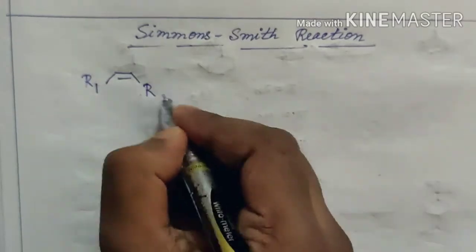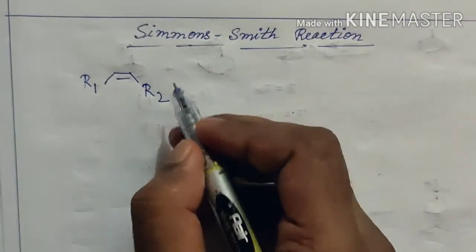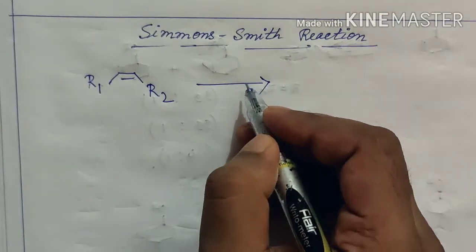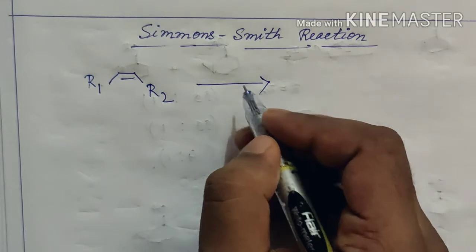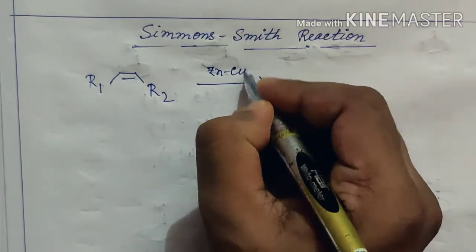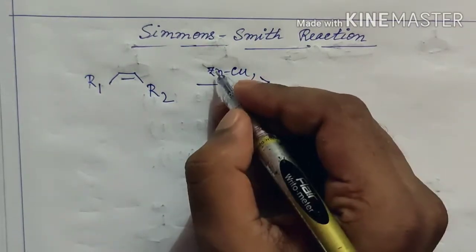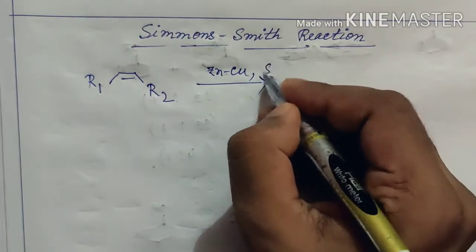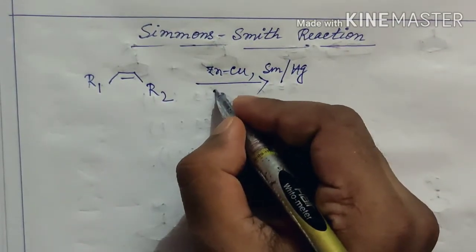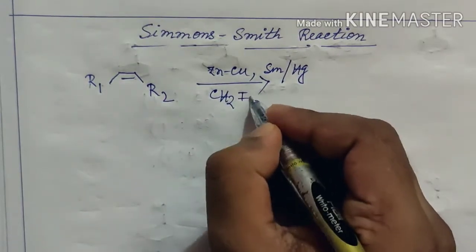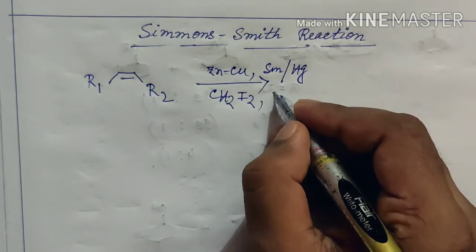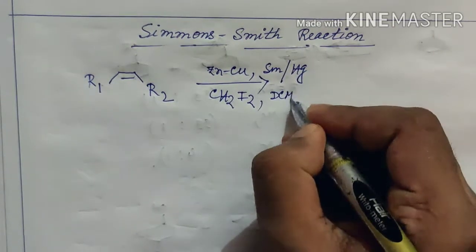if you are given such an olefin and it is reacted with a zinc carbenoid species, or in some cases the metal used is samarium. That is, the metal couple used is zinc-copper, or in some cases samarium-mercury, and CH2I2 in the presence of a solvent, either DCM or THF.